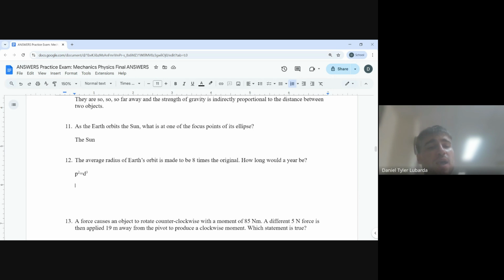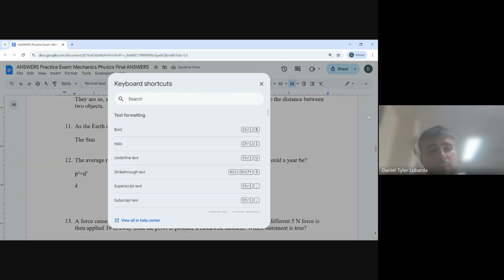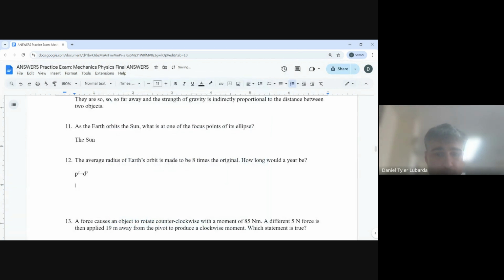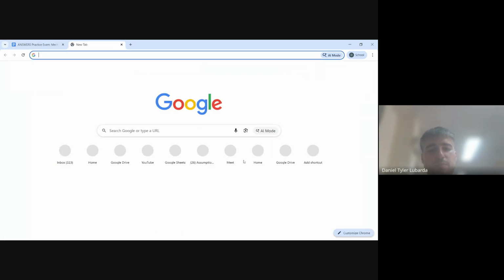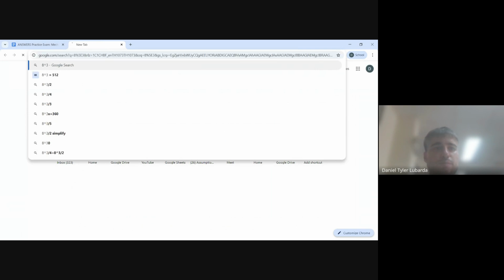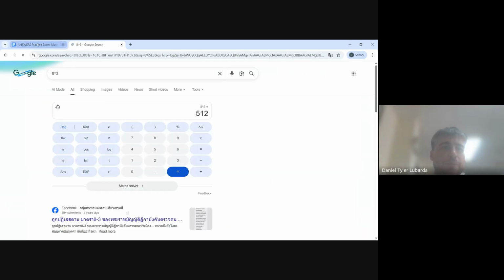But if we make it 8 on the right side, so if we have P squared equals 8 to the third, and I don't expect you to know or to do 8 to the third that fast. I'm just going to use a calculator.